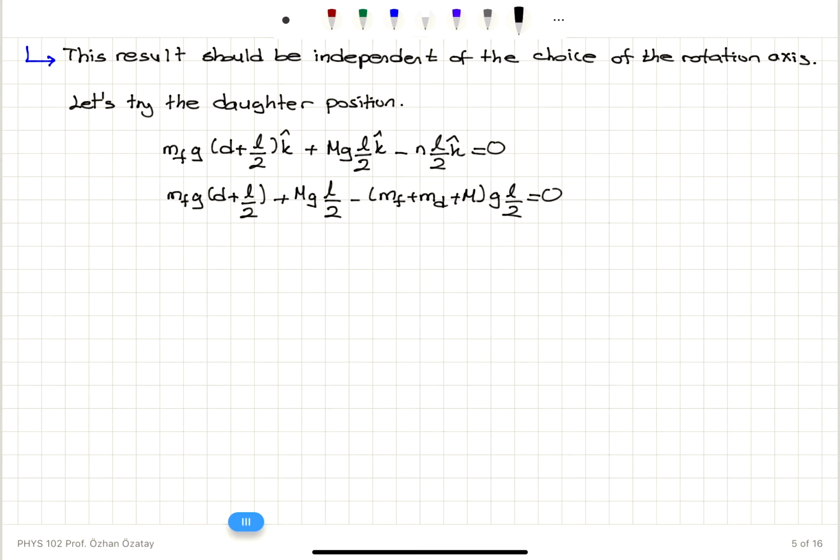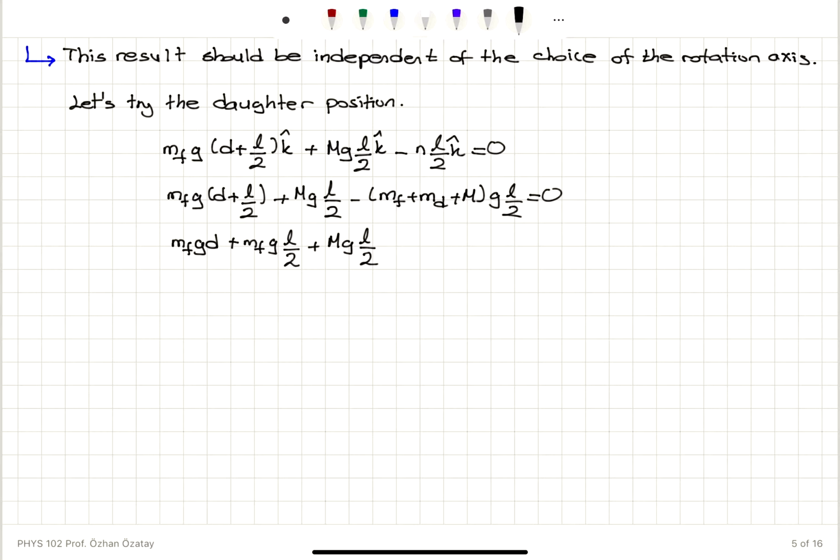Now, so let's write this explicitly. Mass of the father times g times d, the first term, mass of the father times g times L over 2, the second term, plus capital M g L over 2.